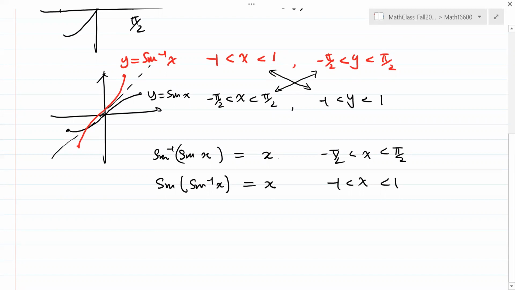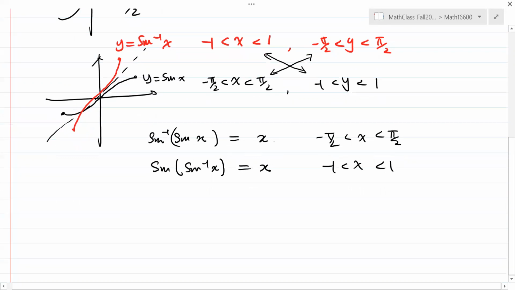So our next problem is to find the formula for the derivative of the inverse function. Remember the inverse function, and that's the definition. The formula is going to be 1 over sine prime. I hope we still remember this.